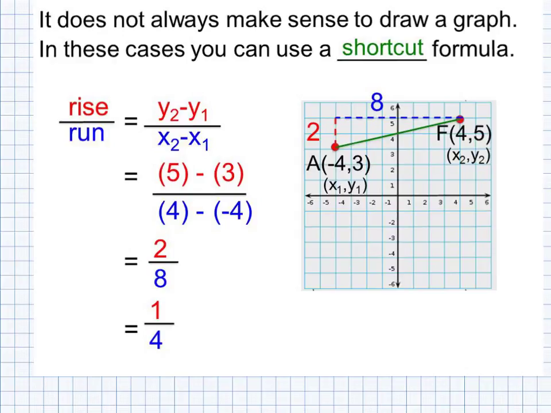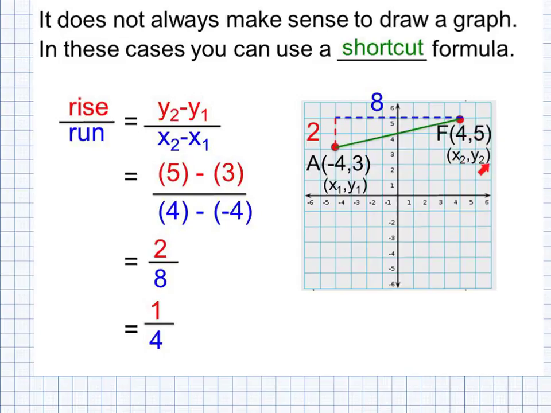Now sometimes, like it says here, it doesn't make sense to draw a graph. Sometimes you can use a formula to figure something out, and you don't have to graph it out or draw out all the points. In this case, we're looking at this formula, rise over run. We have y2 over x2, and then subtracting y1 and x1 from y2. In this case, you can see that we're going to look at our coordinates, because x2 and y2 are over here, x1 and y1 are over here.